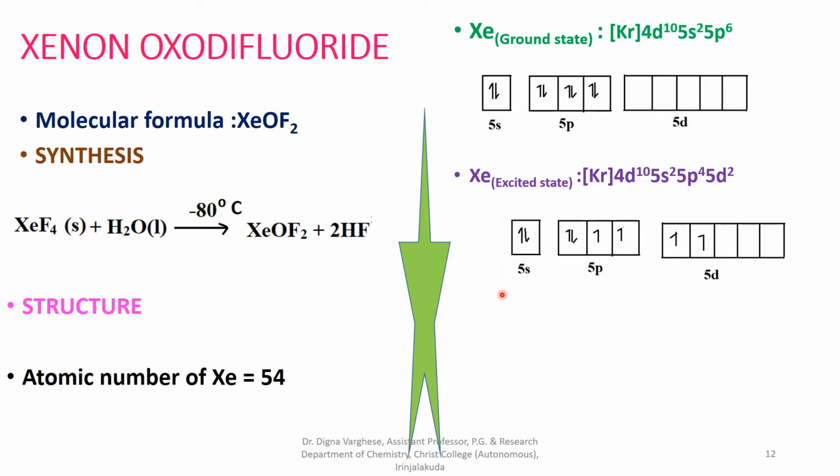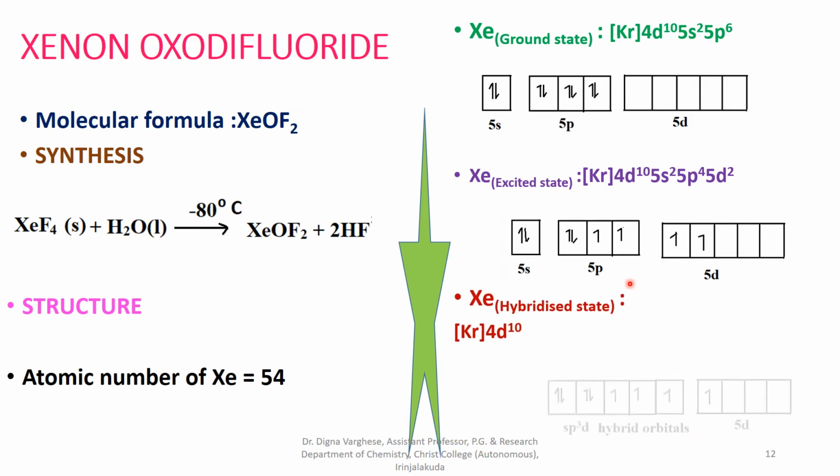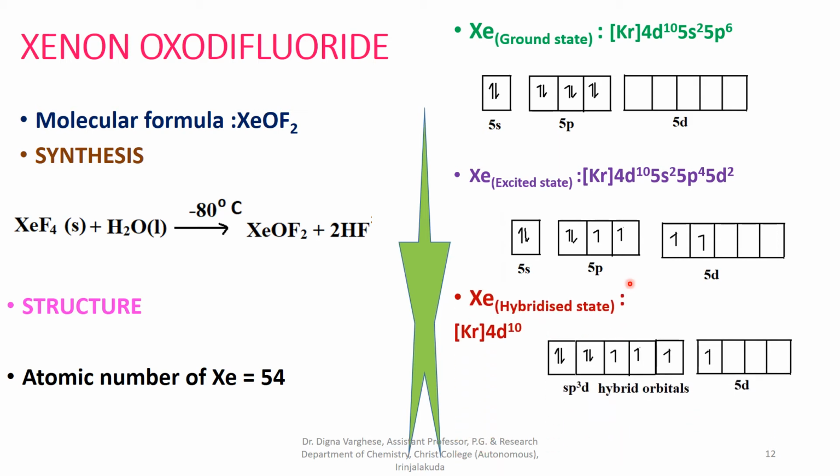The 5s orbital and the 3 5p orbitals and one of the 2 5d orbitals of xenon mix among themselves with redistribution of energy to yield 5 new sp3d hybrid orbitals.